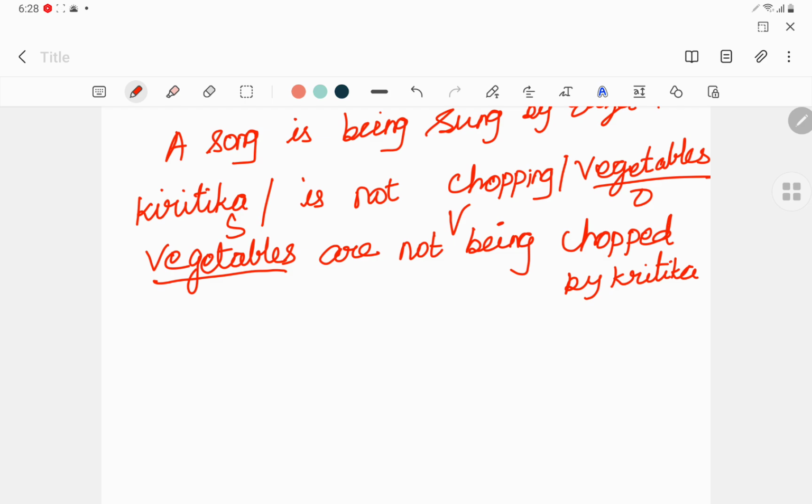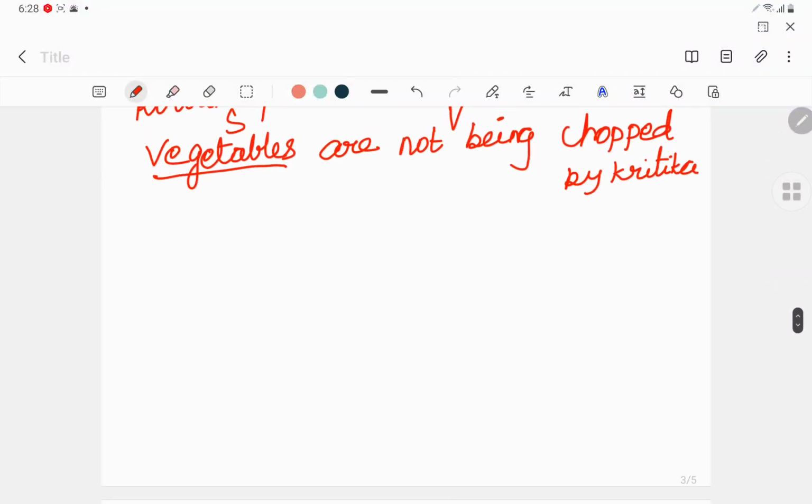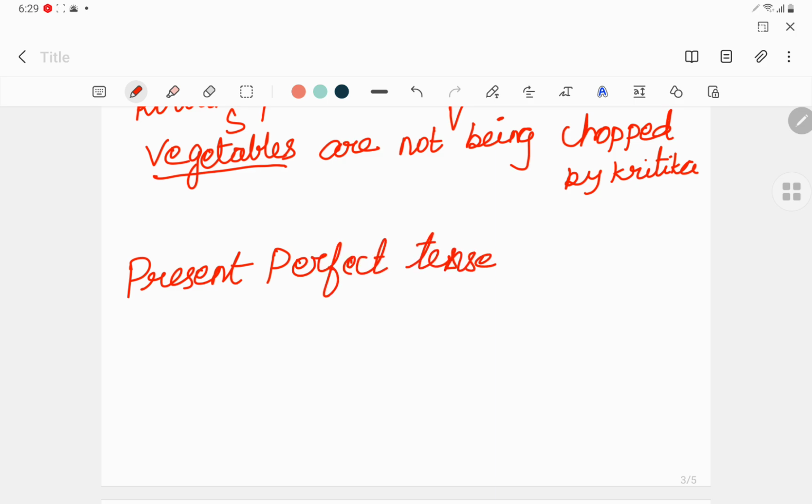Then you have present perfect tense. So what is the structure for present perfect?